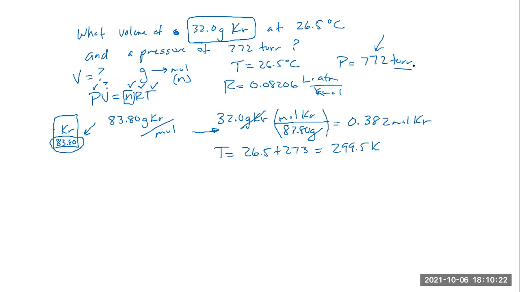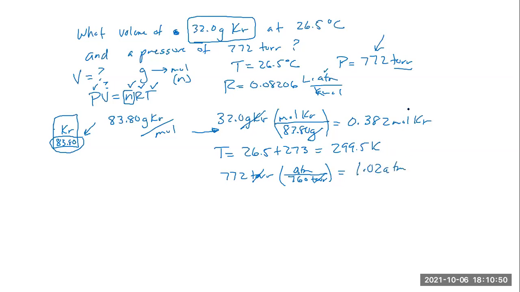It's in torr, and remember, it needs to be in atmospheres. So we take 772 torr and divide by 760, so that the torr cancel. 772 divided by 760 gets us about 1.02 atmospheres.